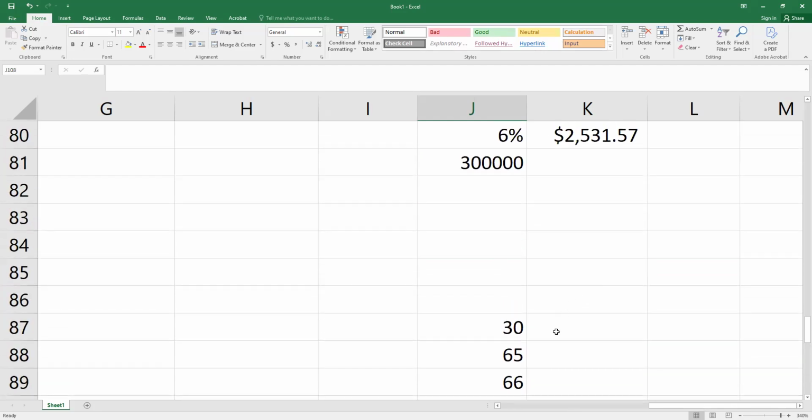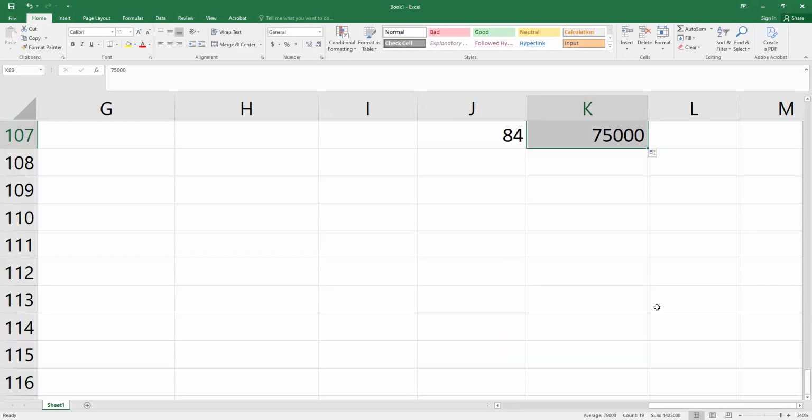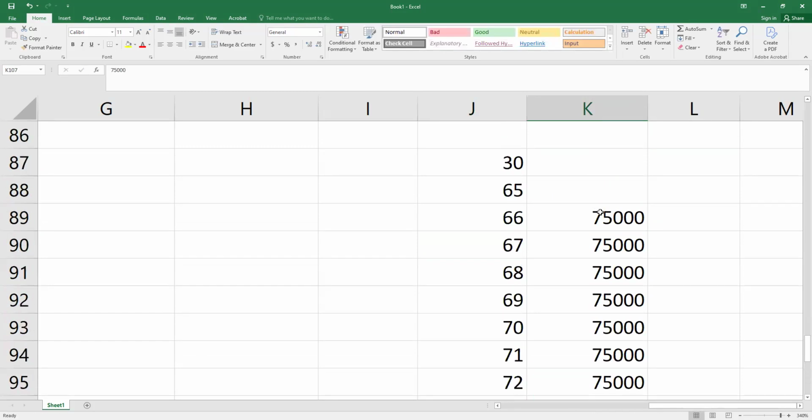You want to receive 75,000 every year. Like it's a pension, okay? You are here. And when you're 65, how much you should save up here so that you will be receiving $75,000 every year.